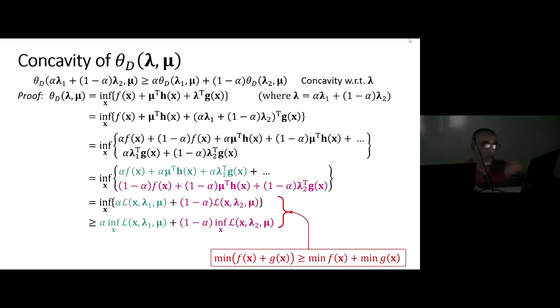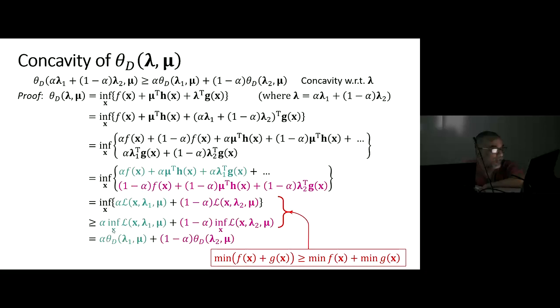Because if you take any two functions, just ignore the weights, or maybe the alpha and 1 minus alpha are part of the functions f and g. Okay, so the minimum, when you're trying to minimize the sum of two functions, f of x plus g of x, you land up with a bigger value than when you try to minimize f of x and g of x separately and add them up together. It's just common sense, right? And so this is where we are.